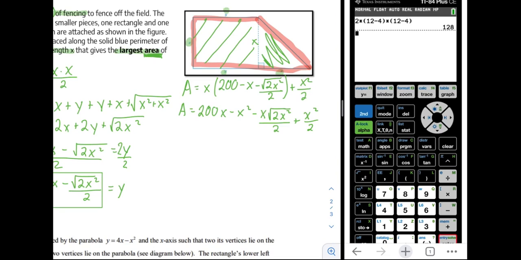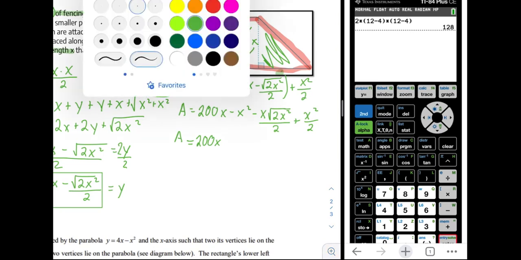What you can do is find the derivative of each of these terms first, or you can simplify by combining like terms together, as you wish. I'm going to combine my like terms together to start. So no differentiation yet for me. I'm going to simplify this equation.